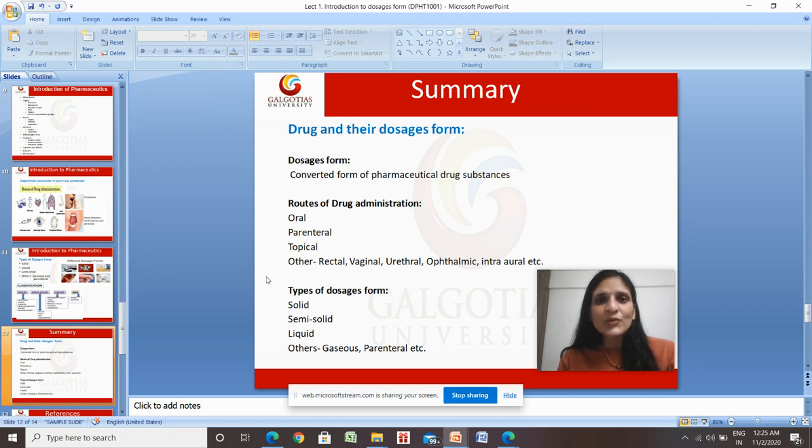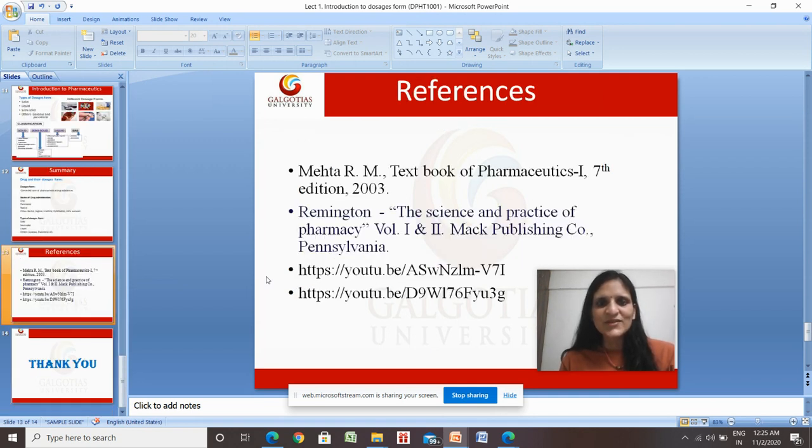Types of dosage form are solid, liquid, semi-solid, and gases or other is parenteral. Routes through which we administer the drugs are oral, parenteral, topical, and other routes like rectal, vaginal, urethral, ophthalmic, nasal, etc. So, we can use the following references for further study of the topic introduction of dosage form.